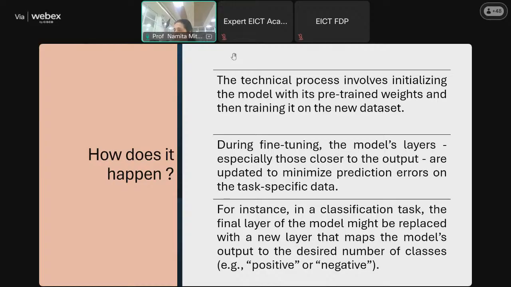Once it is done, when the model is tuned and found accurate, then we take the same weights. During fine tuning, the model's layers, especially those closer to the output, the hidden layers just before the output and just next to that, are updated to minimize prediction errors on the task-specific data. That is what we have seen in the feed forward.